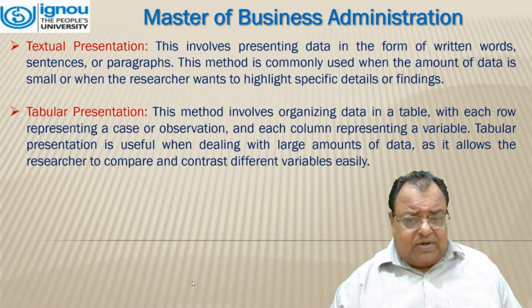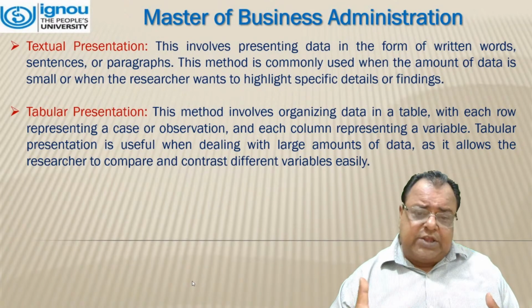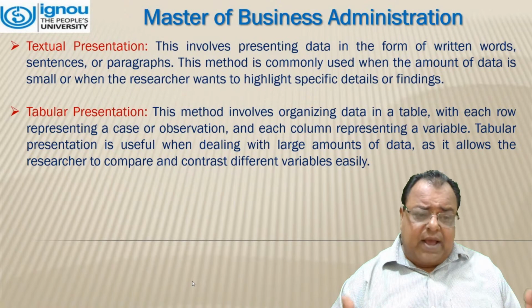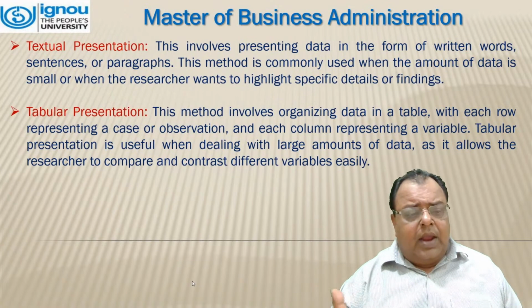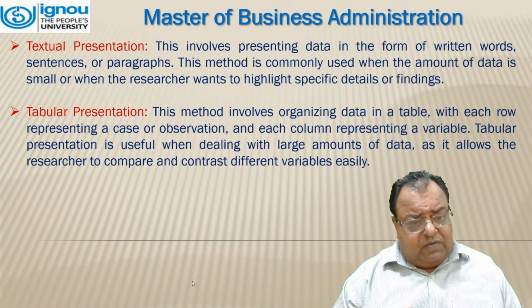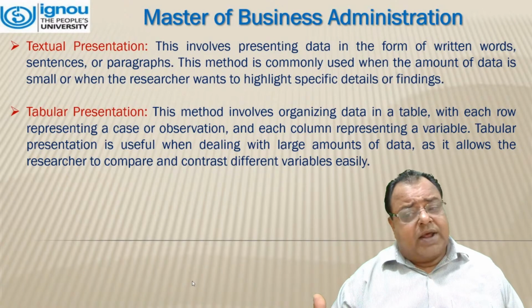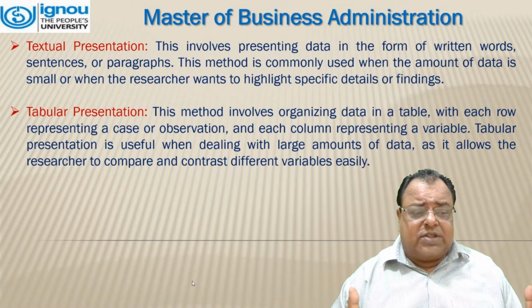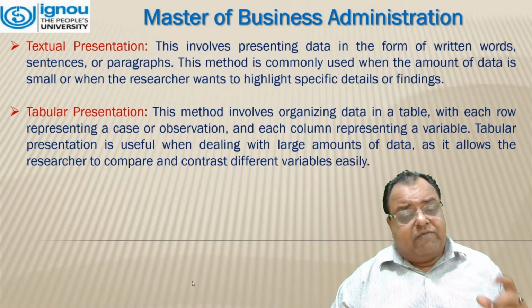This method involves organizing data in a table with each row representing a case or observation and each column representing a variable. Tabular presentation is useful when dealing with a large amount of data and it allows the researcher to compare and contrast different variables easily.